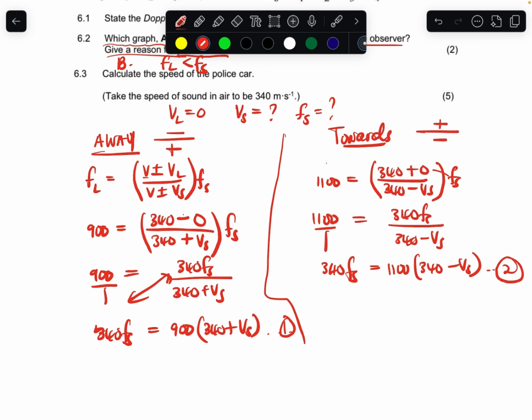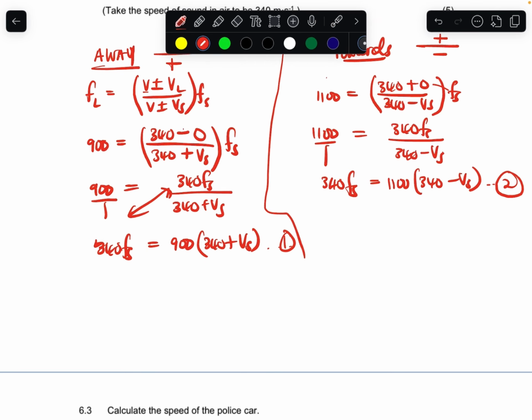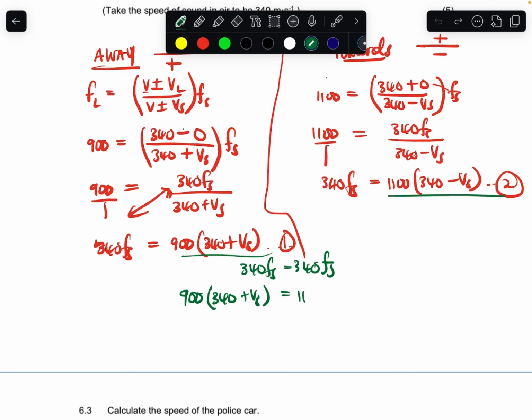Now we're going to substitute equation 1 and equation 2. The commonality between the two is 340 f_s. So we say 340 f_s is equal to 340 f_s, and we equate the two sides. We say 900 times (340 plus V_S) is equal to 1100 times (340 minus V_S). Then we distribute that.